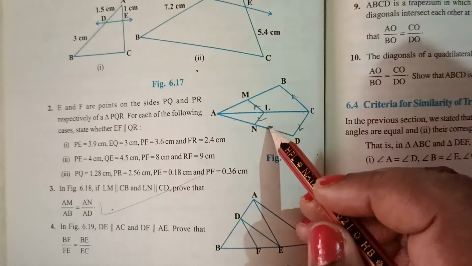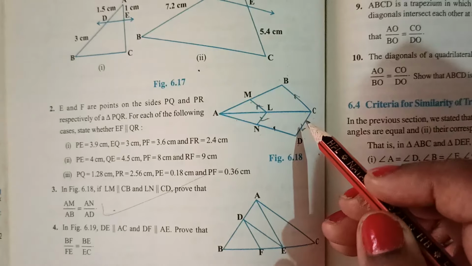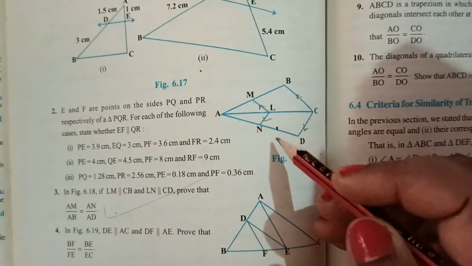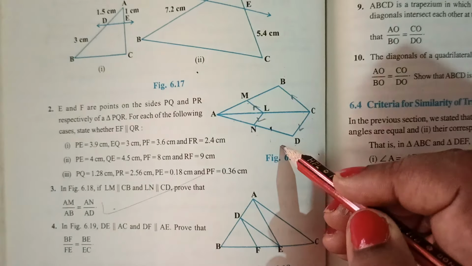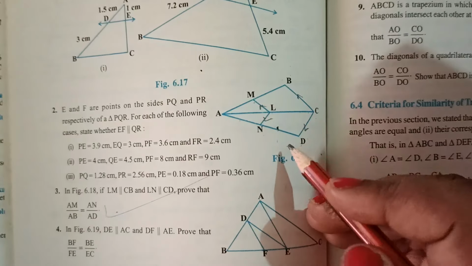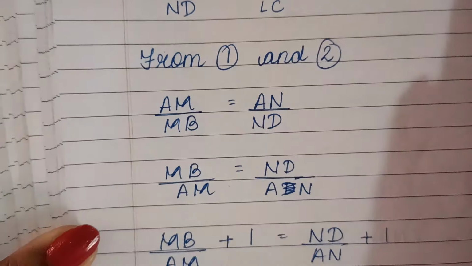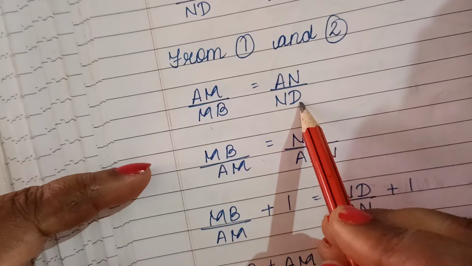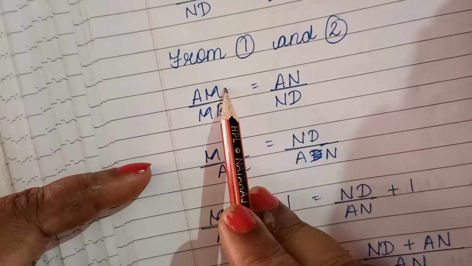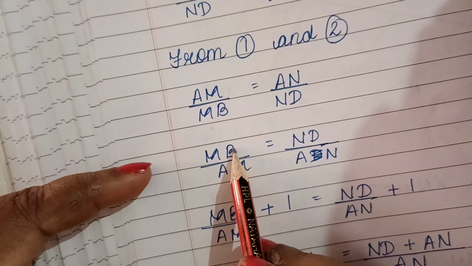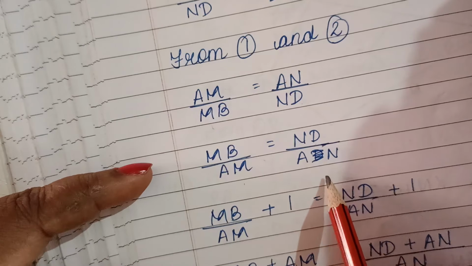Now you find that in both the triangles AL by LC is the same. So AM by MB will be equal to AN by DN. Or we can just reciprocate it: MB by AM equals ND by AN.